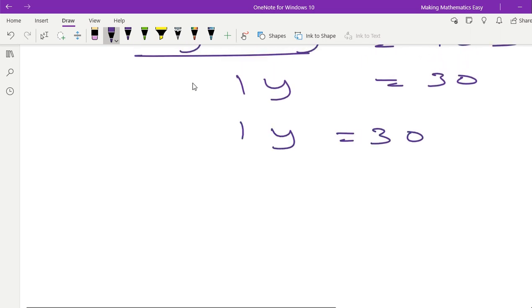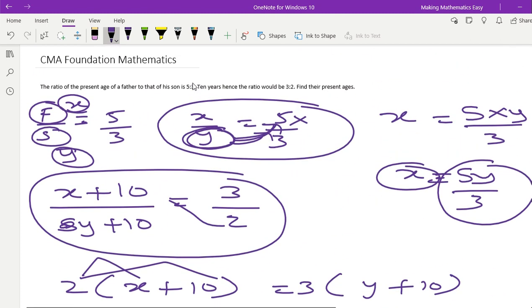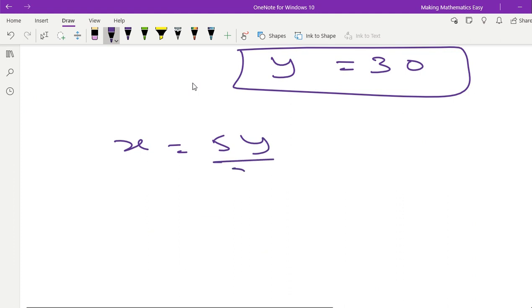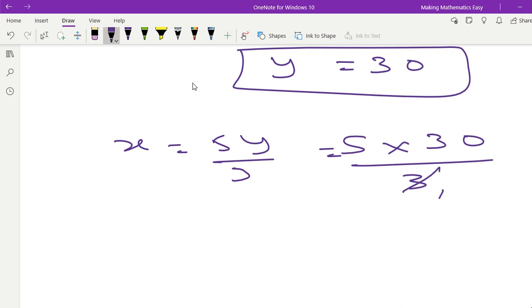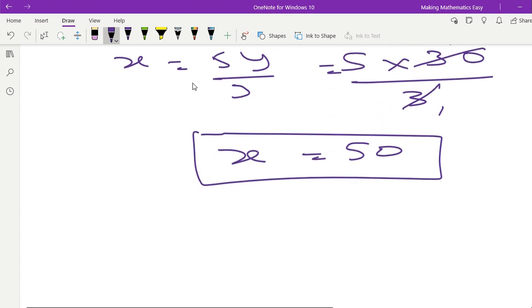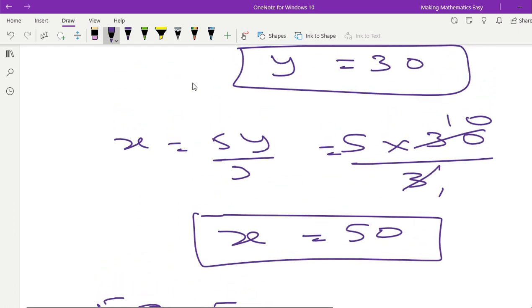So the value of y you have got as 30, and now using this we can find the value of x, which is 5y upon 3. So x is equal to 5y upon 3. So that will be 5 into the value of y, 30, upon 3. 3 ones are 3 and 3 tens are 30. This is 1, so this is 50. Okay. So x was father's present age. So father's present age is 50, and son's present age is 30, which is the value of y.